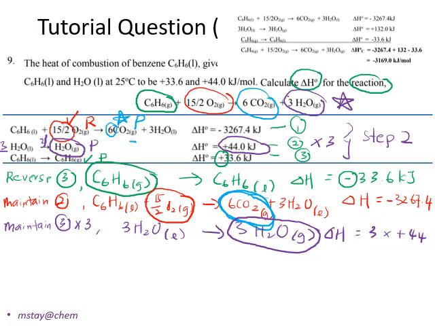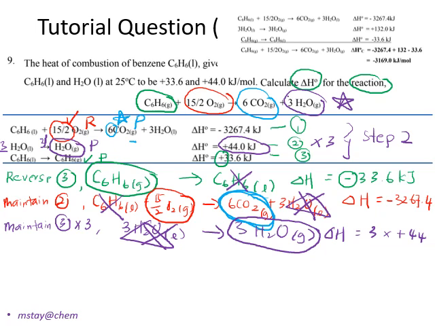Therefore, for those that are not circled, we need to make sure they cancel out each other. For example, now we can see over here 1 mole of benzene liquid, and this one is also benzene liquid. They are on different sides, so they can cancel out each other. The other one is 3 mole of H2O liquid, and this one also 3 mole of H2O liquid, which can also cancel out.